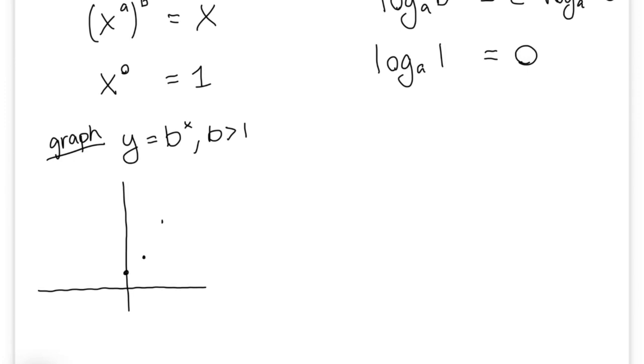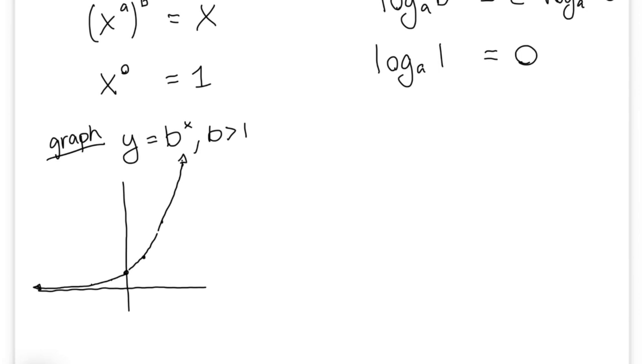So this is going to grow and grow and grow. 2 to the 3 is equal to 8, so it's going to get really big fast. And then if I go to the negatives, 2 to the negative 1 is equal to a half and then a quarter. So I get this horizontal asymptote going this way.